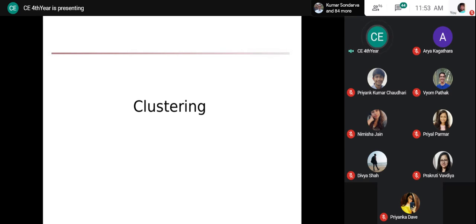In the case of unsupervised, the machine learning model does not have any class label during the training process. You just have the data, but the data might have some common features or similarity. So your role is to identify that similarity, and for that purpose there are many algorithms.